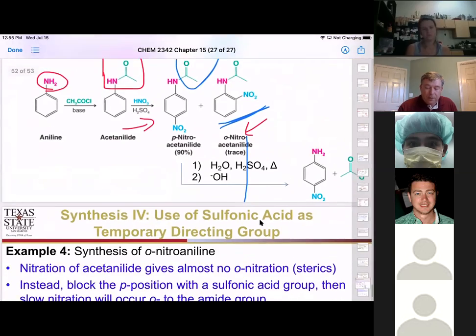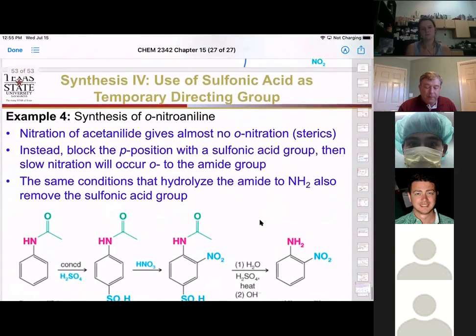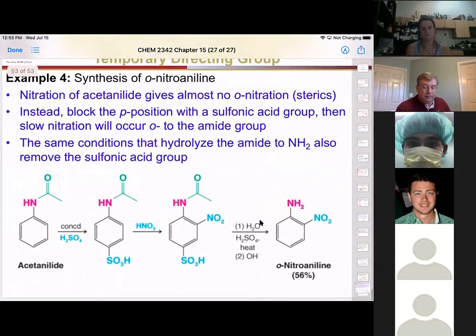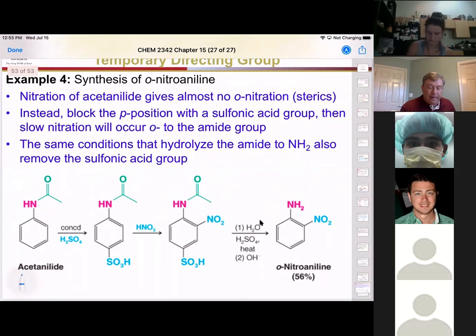Okay. So what we're going to do is use that same protecting group, the acetate, the acid amide group here, to keep the nitrogen from oxidizing. But we're going to do our addition of the sulfonic acid first. Okay. So our sulfonic acid is a deactivator. However, it's also a meta director.